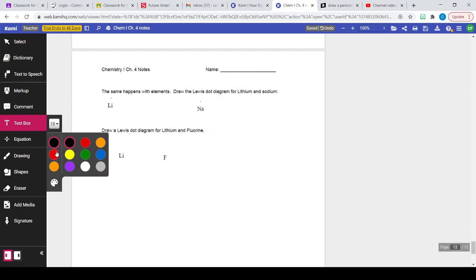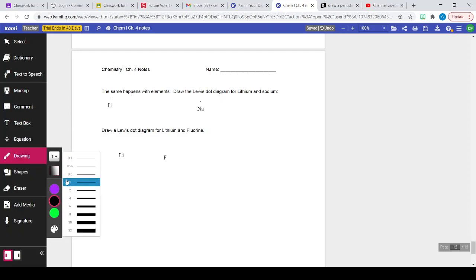And then let me do my dots. I'm going to make them a tiny bit bigger here. So lithium, I'm going to put it onto the side here. There's 1. Fluorine's got 7, so 1, 2, 3, 4, 5, 6, 7. So you can look at fluorine.